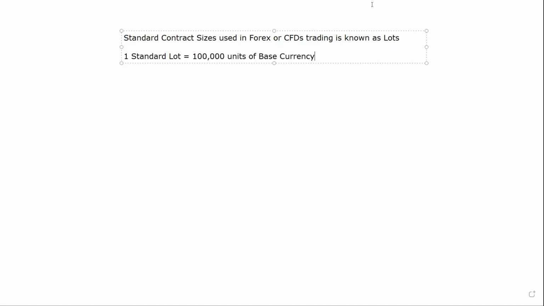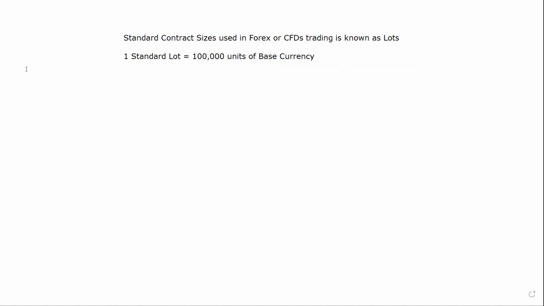A standard lot does not represent the quote currency, but it represents the contract size of the base currency. So one standard lot is equivalent to 100,000 units of base currency.